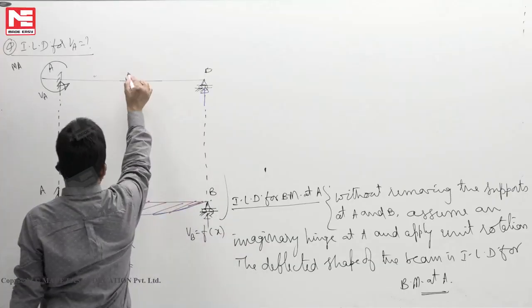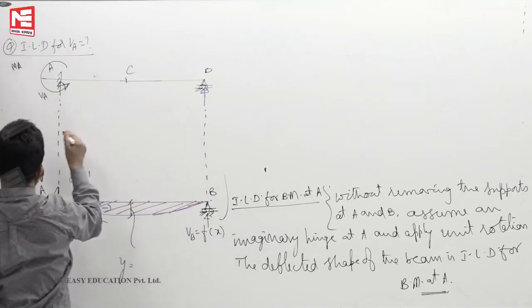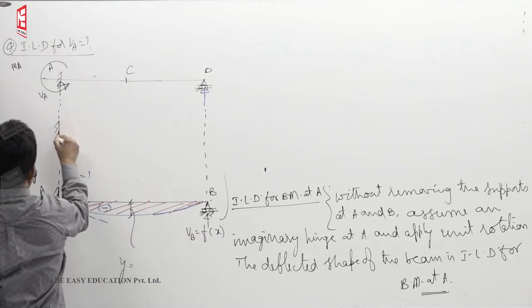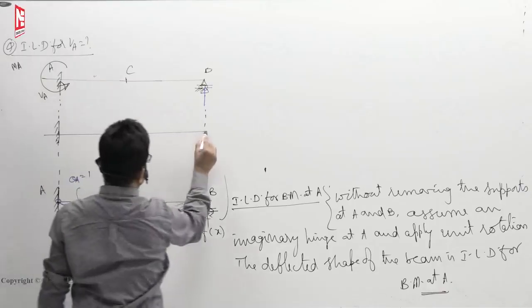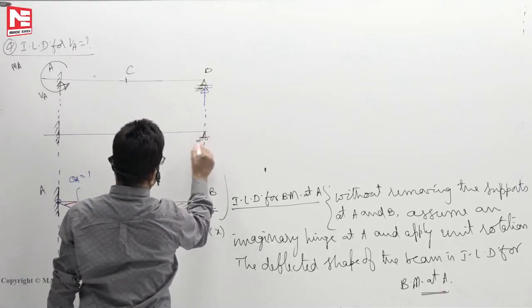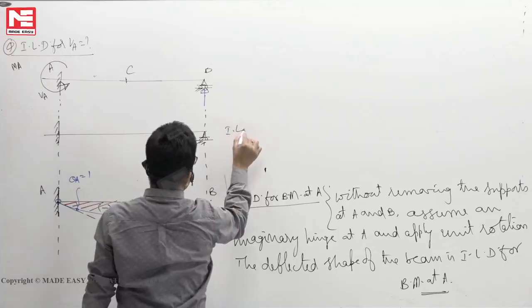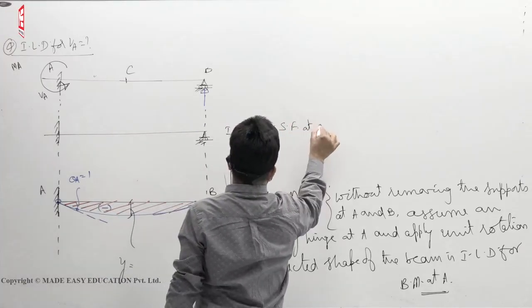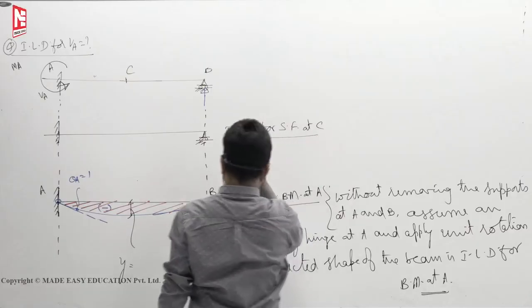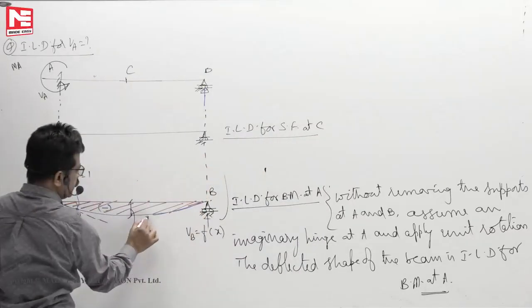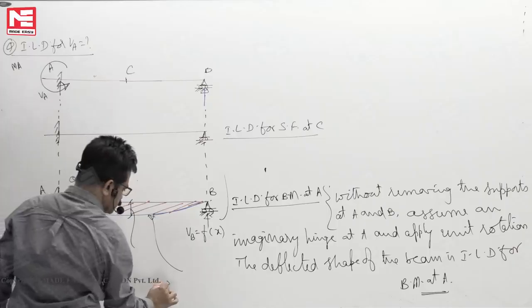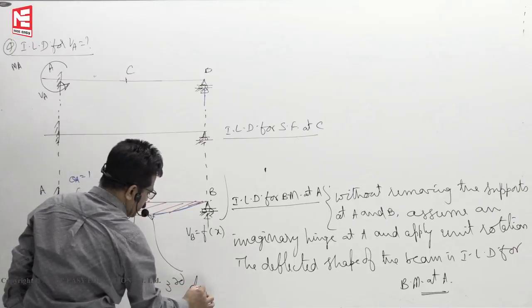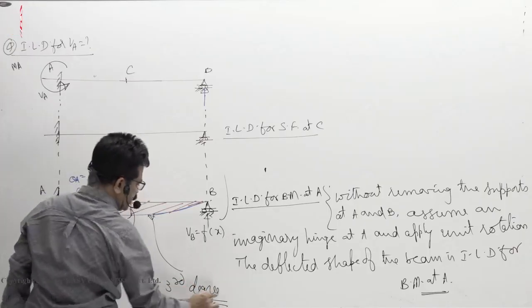This point, some point, let us say C. This is the ILD for shear force at C. See here also this is a third degree curve. Shear force, bending moment, reaction, all of them are third degree curves.